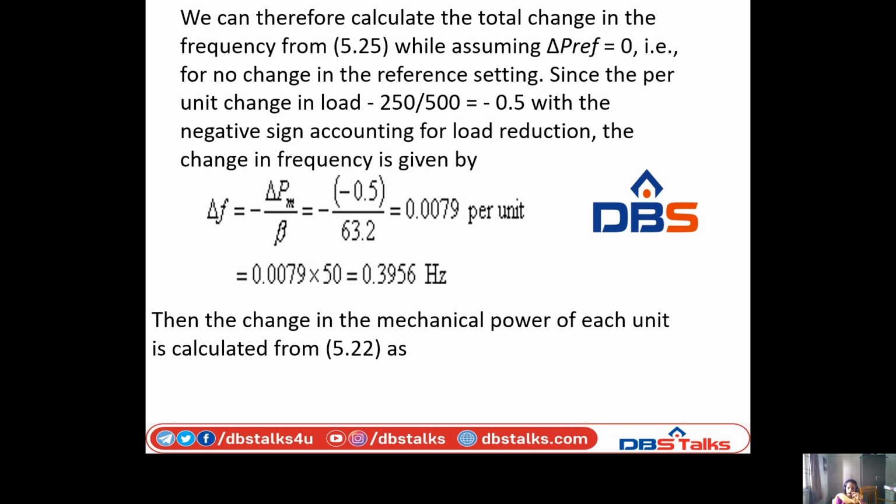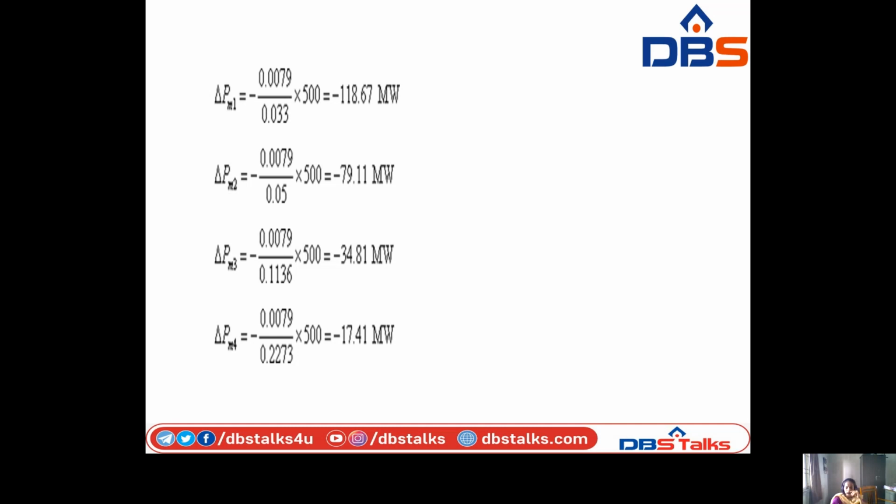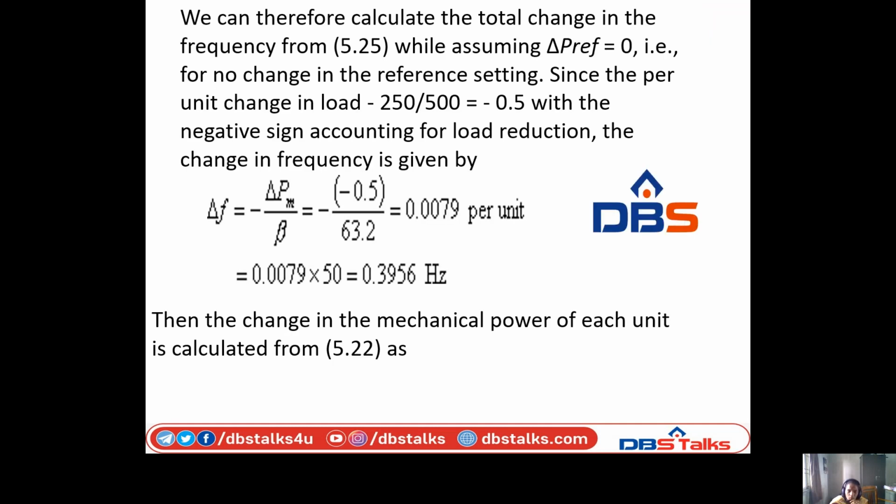So then the change in the mechanical power of each unit will be calculated in this figure. The change in frequency will be calculated as 0.3956. Then you can calculate the change in mechanical power of each unit. So the change in mechanical power of each unit will be delta PM1.